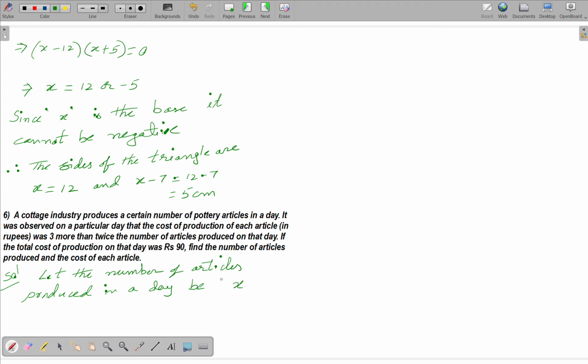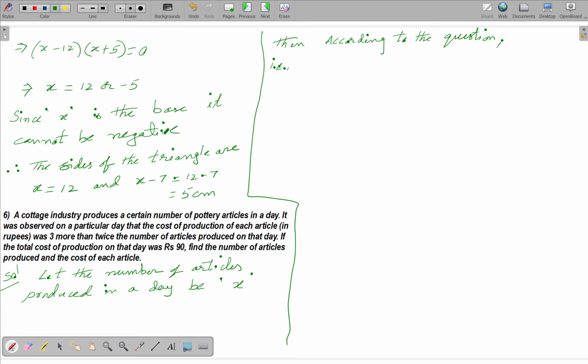Then according to the question, the cost of production of each article was 3 more than twice the number of articles produced on that day.